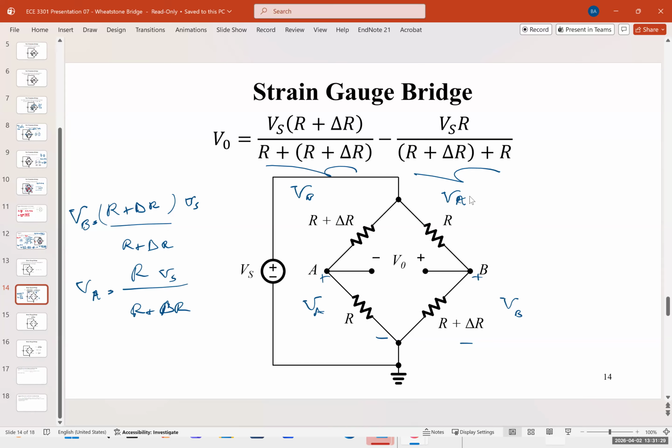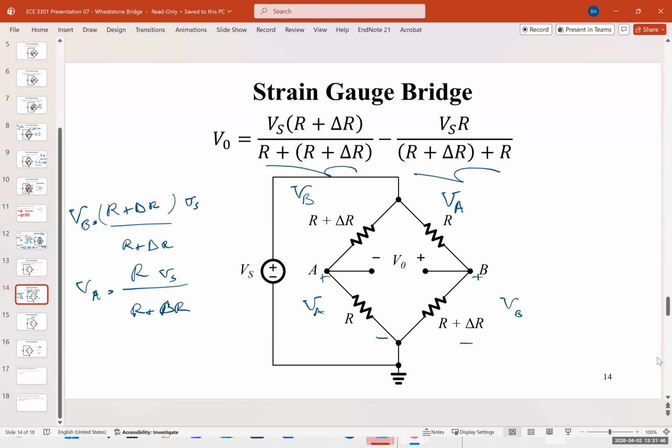Same thing that we did for the previous one. So V out would be VB minus VA. Again, the same way that we solved the previous example, we use the same concept for this.